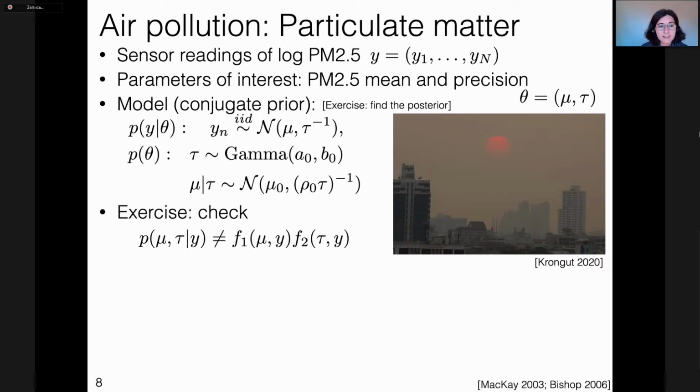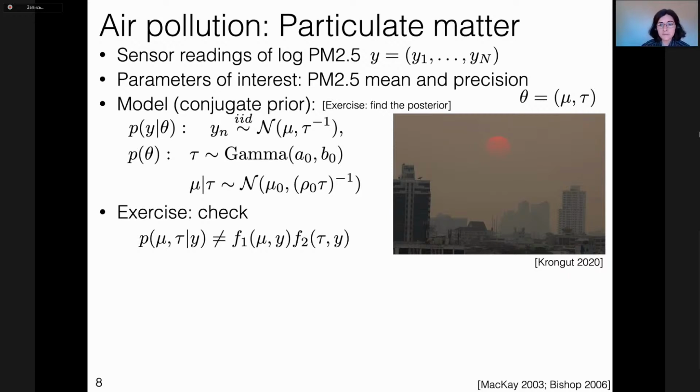You want to check that the joint does not factorize. It does not satisfy the mean field assumption. Because it doesn't depend on y for this purpose, we just want to make sure it doesn't factorize across mu and tau. You can look at the joint, you can look at the posterior, you can look at whatever you want. You'll find the joint is easier to work with, but it doesn't satisfy the mean field assumption.